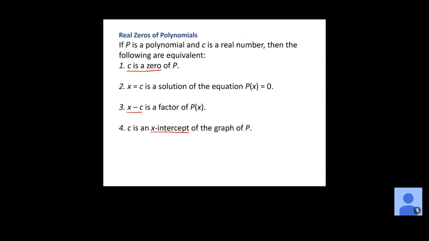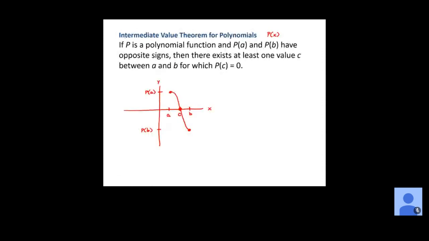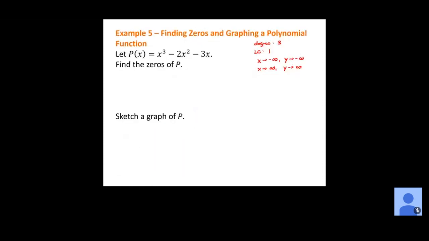So if we can find those factors, set those factors equal to zero, that's going to give us our zeros, which are also the x-intercepts of our graph, right? That's why it's so important to recognize all 4 of these statements mean the same thing. So if you're looking for zeros, you're really just looking for x-intercepts, okay? Which means we need our factors. So how are we going to factor this one?